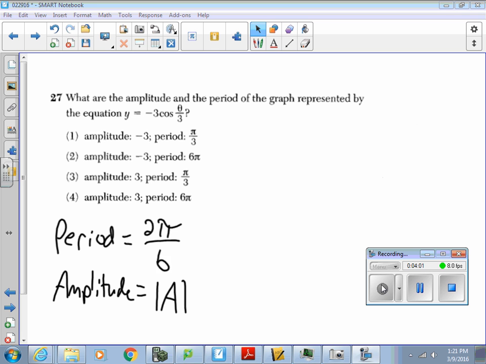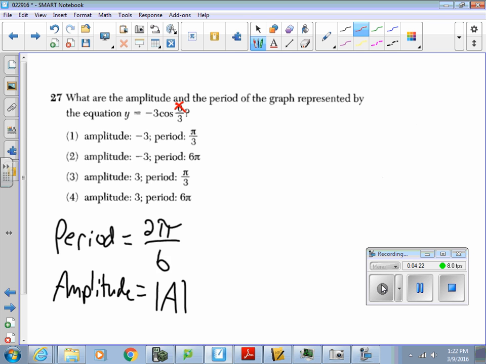We're going to look at problem number 27 now. It says, what are the amplitude and period of the graph represented by the equation y equals negative 3 cos of theta over 3? You could replace this with an x if you had a graphing calculator. You could use theta, really wouldn't matter.